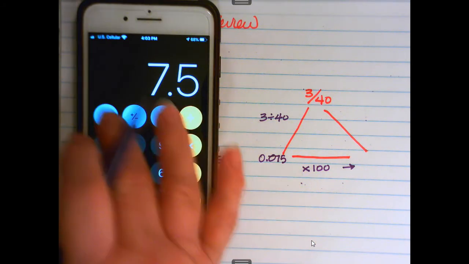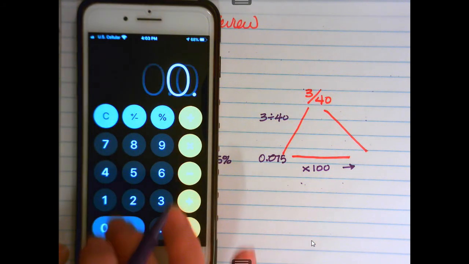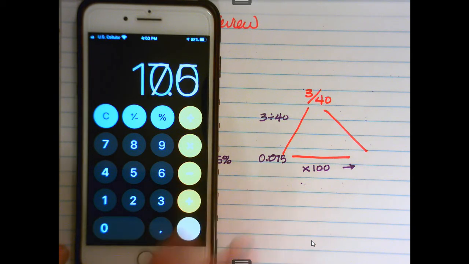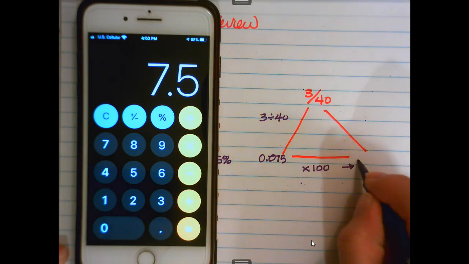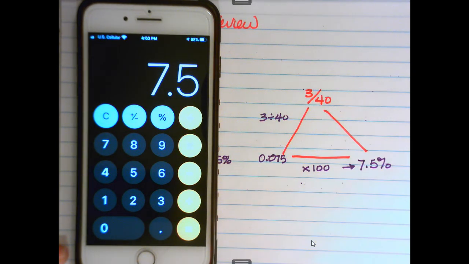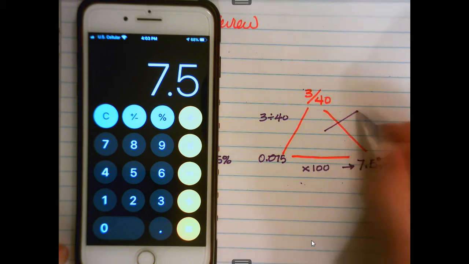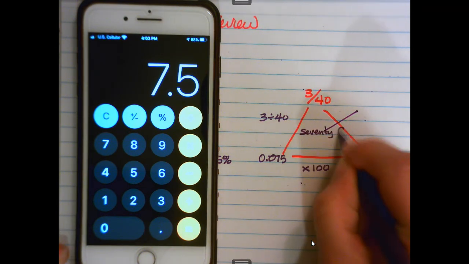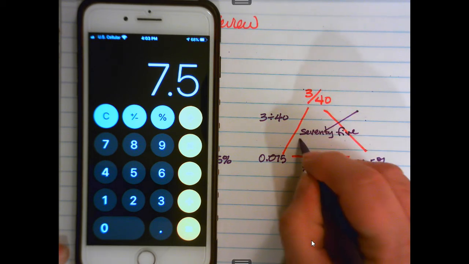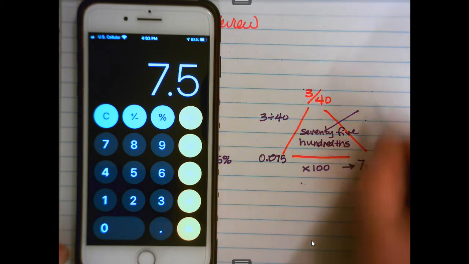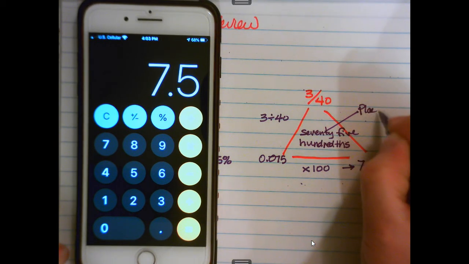Let's try that one more time. Times 100 equals 7.5%. And in the middle here, I would write 75 hundredths. That's the place value.